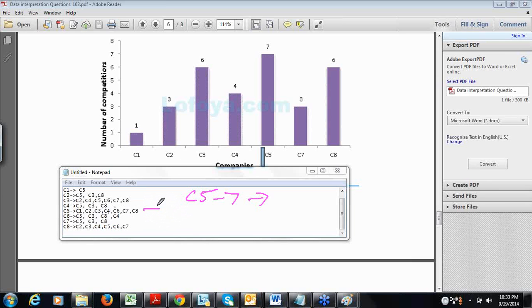All 7 are the competitors. Got it, everybody? Now C1 has one competitor. That means C1's competitor is C5.